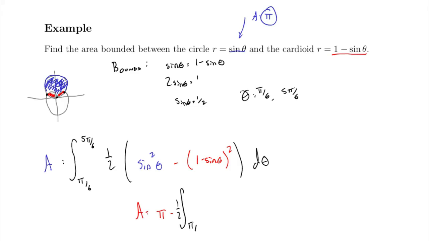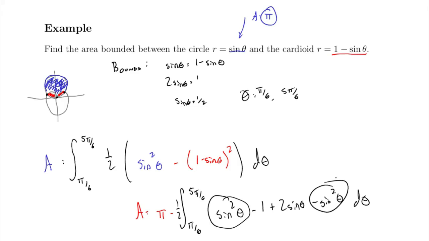Half integral from pi over 6 to 5 pi over 6 of sine squared theta minus 1 plus 2 sine theta minus sine squared theta d theta. And you can see that stuff is gone now. And this should be a relatively straightforward integral to compute. Not too bad. And that's going to give us this nice little red area here.